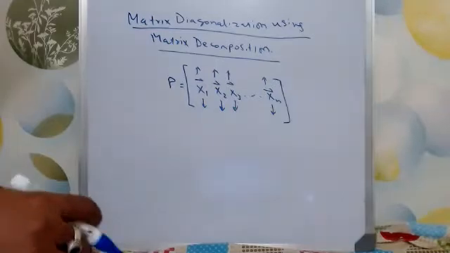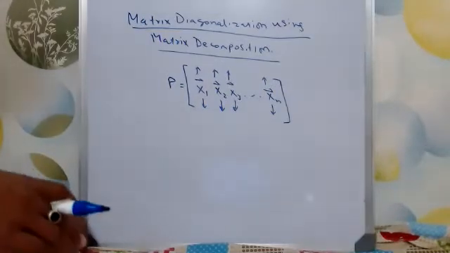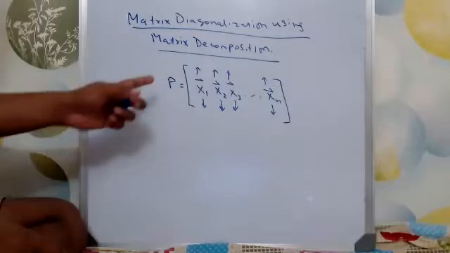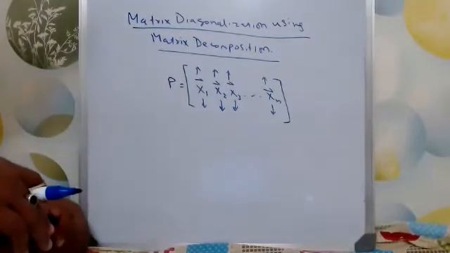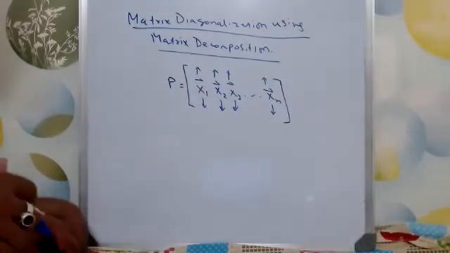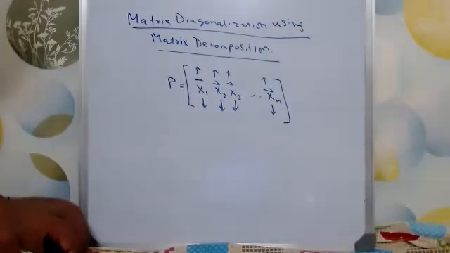Then what do I get? I get a matrix. Let P be that matrix, where I have stacked all the independent eigenvectors of A horizontally.